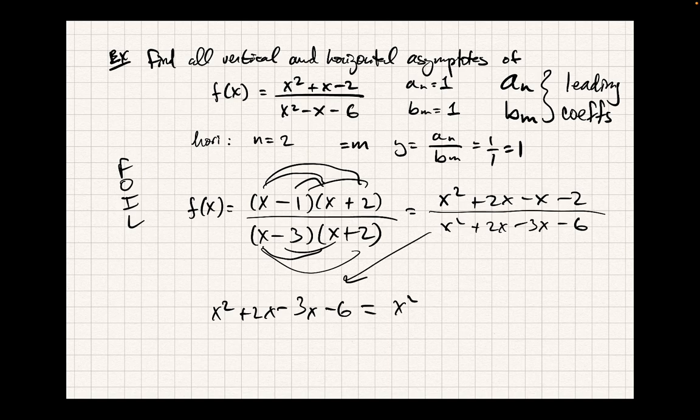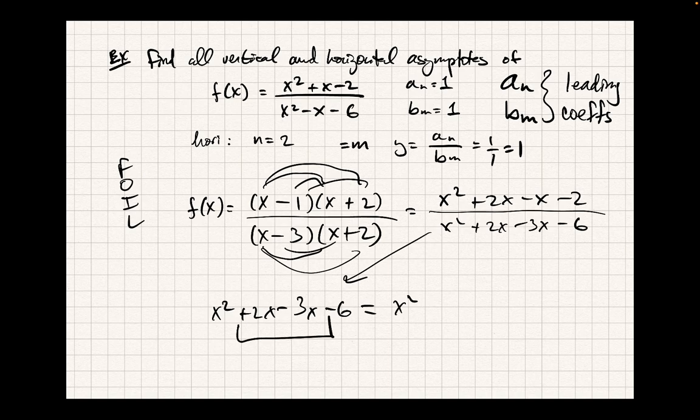Combine like terms. How many x squared terms do I have in this? Only one. How many x terms do I have? Two.